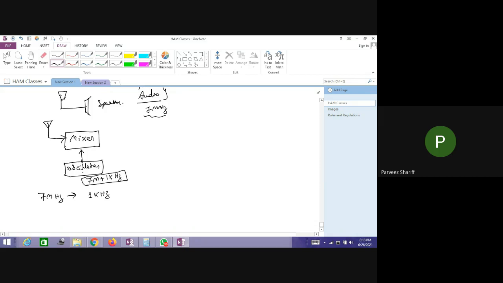So it means this oscillator should generate... just hold on, here's the calculator. 7 megahertz plus 1 kilohertz.